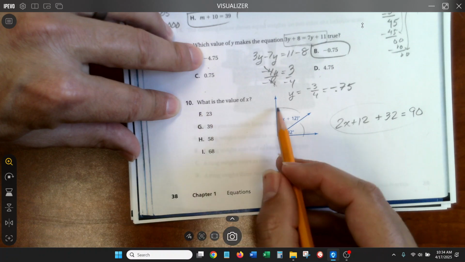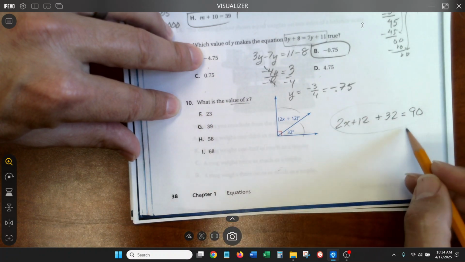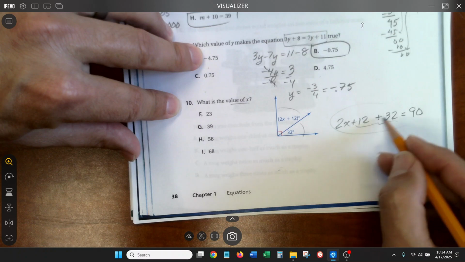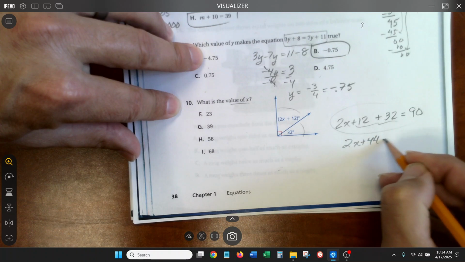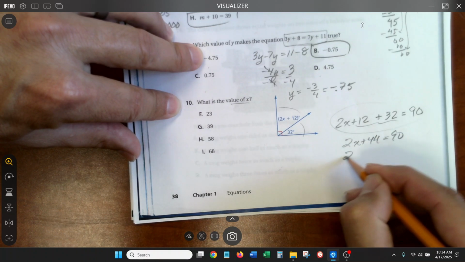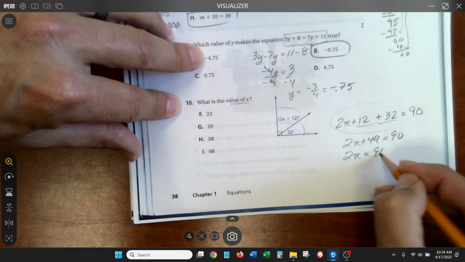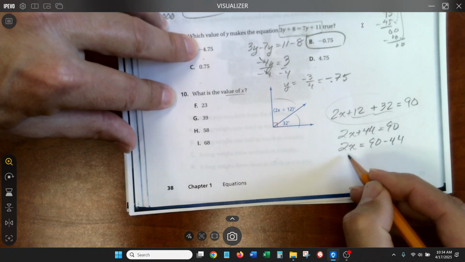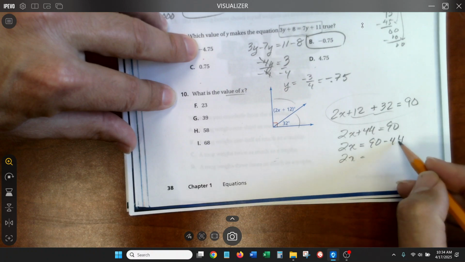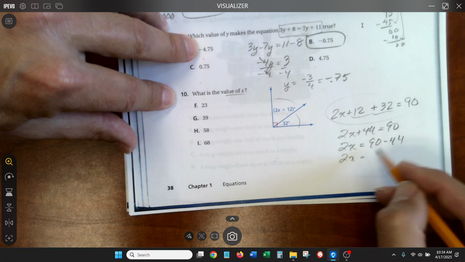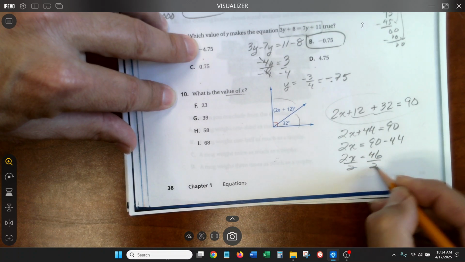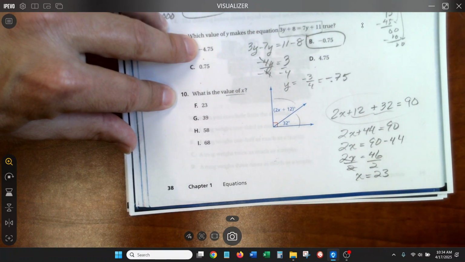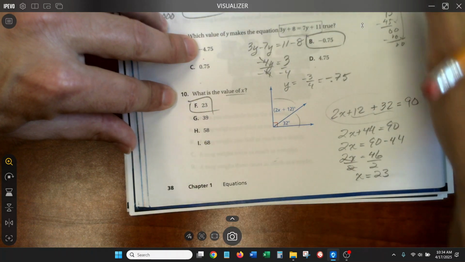So 12 plus 32 is 44. So 2x plus 44 is equal to 90. Therefore, 2x is 90 minus 44, so 2x is 46. And so divide both sides by 2. We get x is equal to 23. So answer choice F.